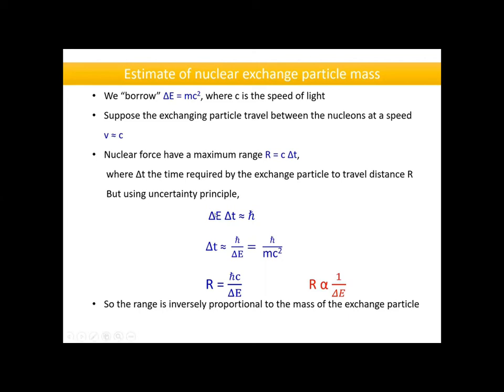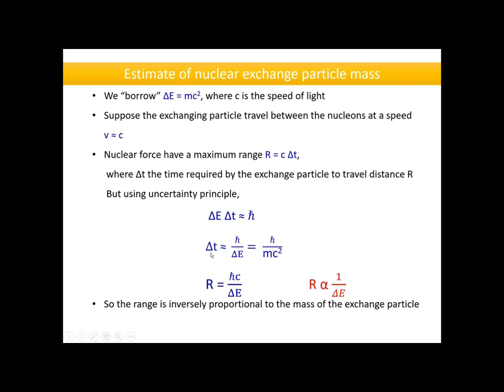Using the uncertainty principle, we get delta E times delta t approximately equal to h cross. So from here we can get delta t in terms of delta E, and if we substitute this into the equation for the maximum range of the nuclear force, we get that the range is inversely proportional to the mass of the exchange particle.